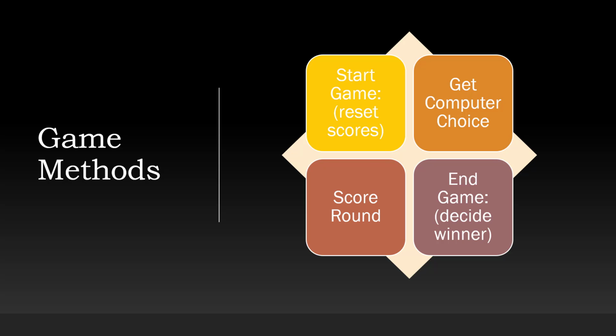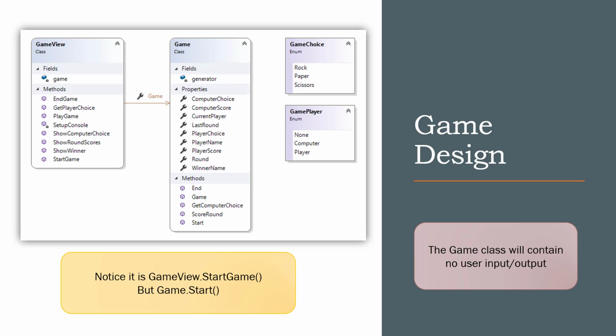And during play, we need to keep track of the score and also what choice the computer is making. So we can see in the user interface, the user will ask for the game to start, and that'll be passed on to the game, which has a start method. And so there's our view.